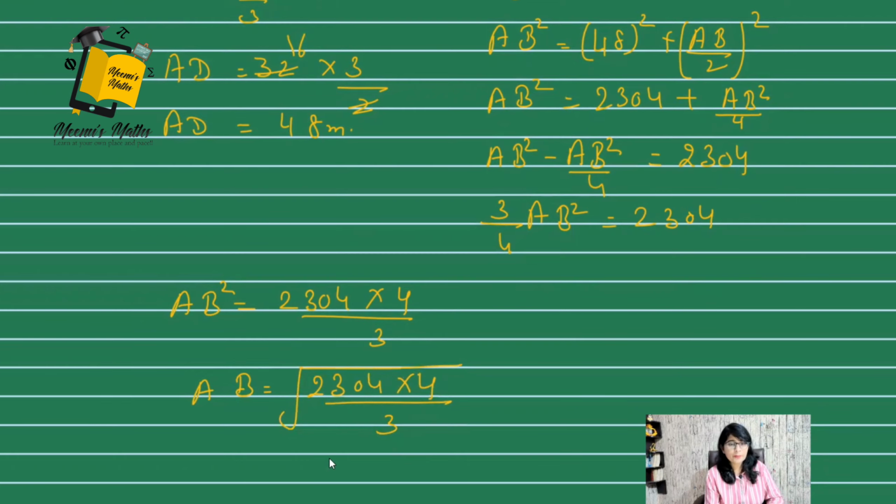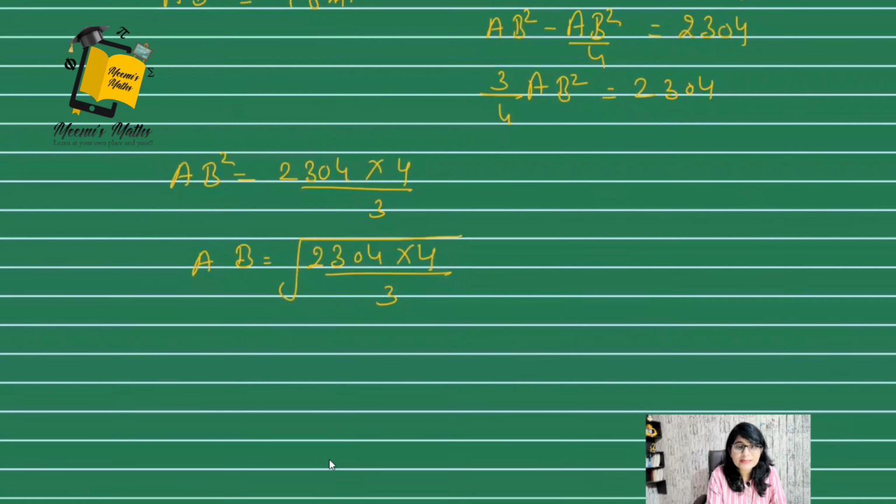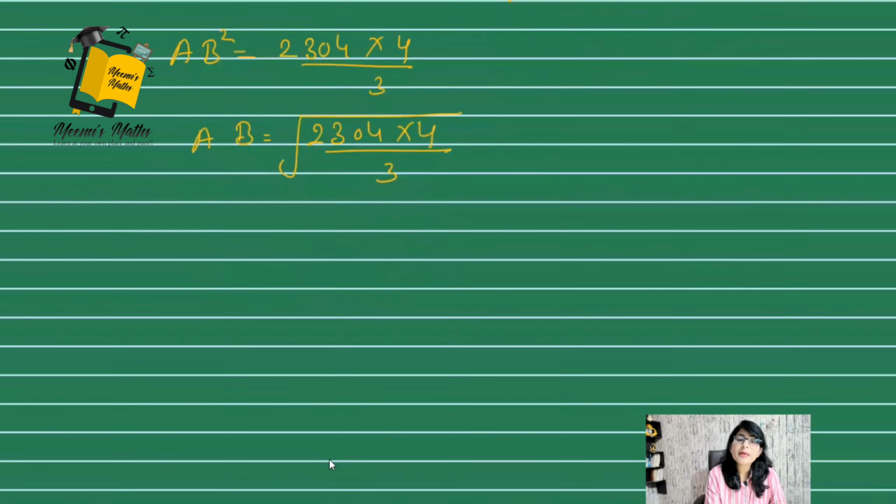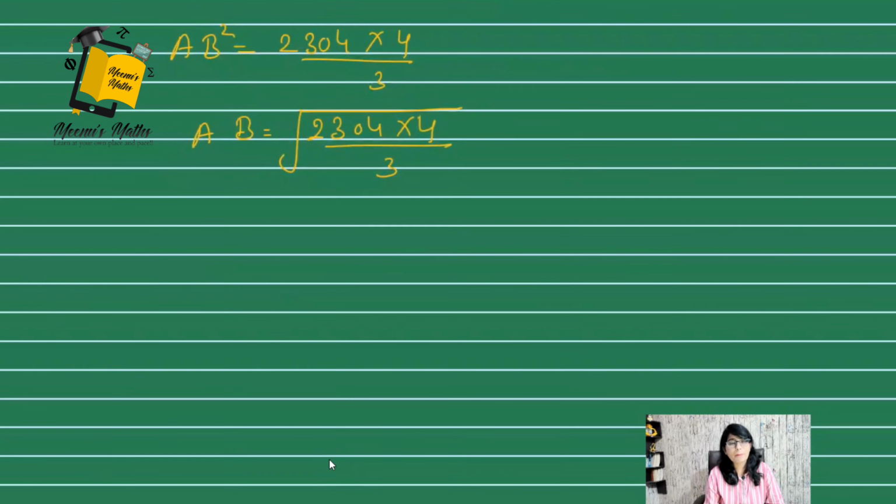Is it fine? Why am I doing this calculation like this? You can calculate in any way. There is not any compulsion. But why am I doing this? Because I know the value of the square root of 2304, that is 48. We just solved it. Root 4 is going to be 2. And what about this? This is root 3.